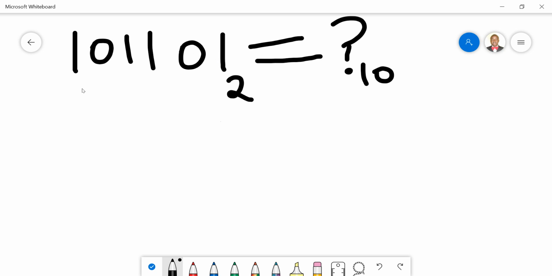So just check how many digits we have. The digits that we have here are 1 2 3 4, and let me just get the pointer, so at least you will be seeing what I am doing here.